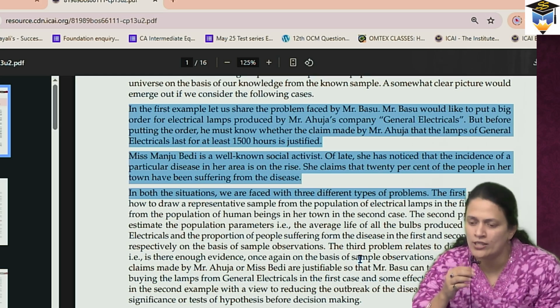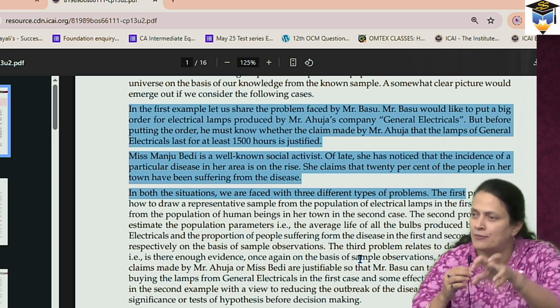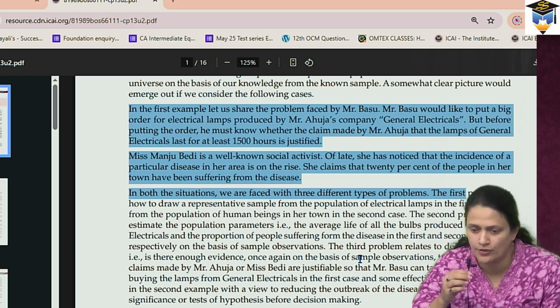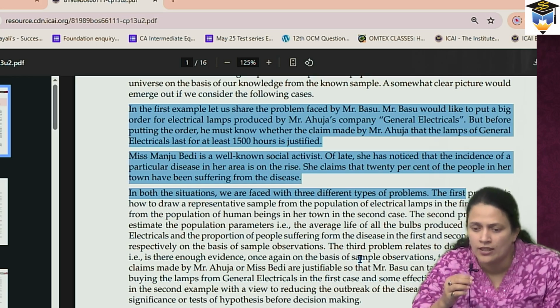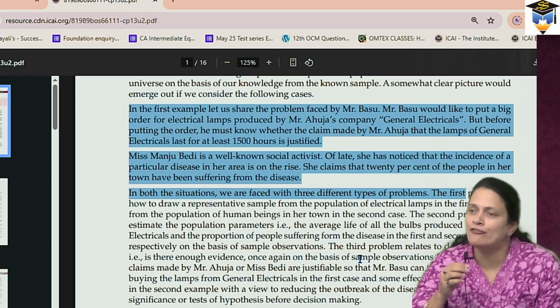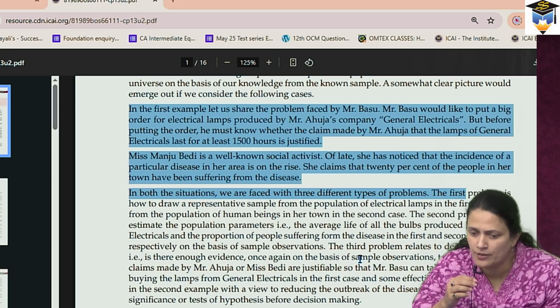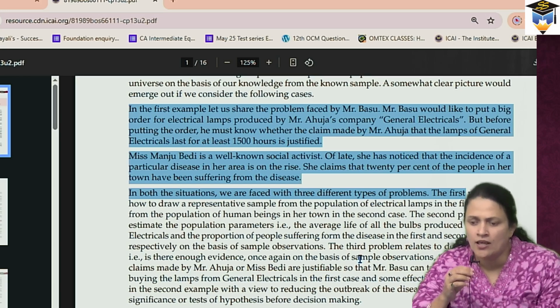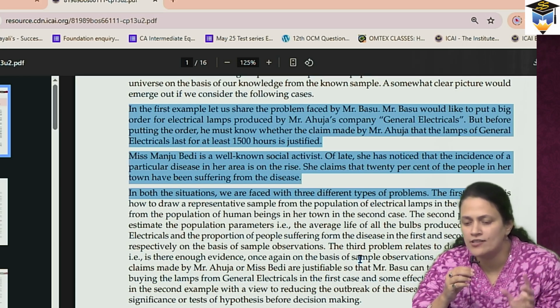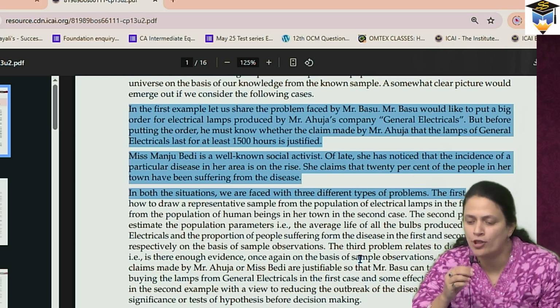So what is he going to do? The first problem is how a representative sample can be drawn from those electric bulbs. The second problem is what will be the average life of the bulbs produced by him. And the third problem is about decision making: whether there is enough evidence, once again on the basis of sample observations, to suggest that the claims made by Mr. Ahuja are justifiable.